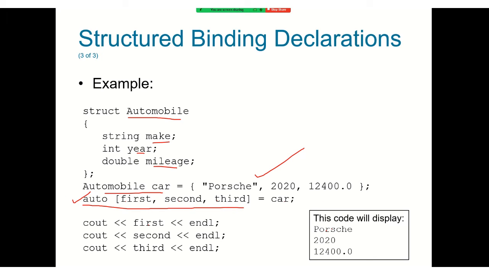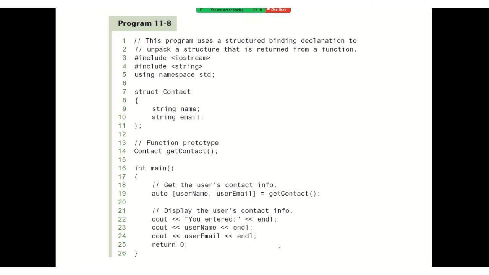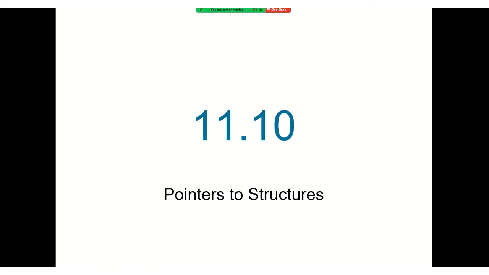This is the way you get the first to be Porsche, the second, because it's the year, we get 2020, and the third, because it's the mileage, you get 12400. That's the structured binding declaration. You can see the example here. I'm not going into detail, but now the more important thing is pointers to structures.